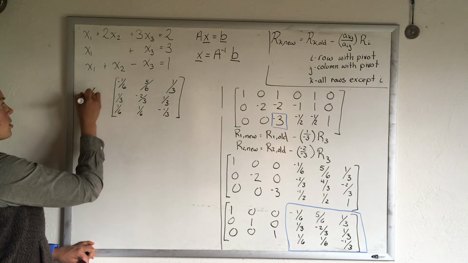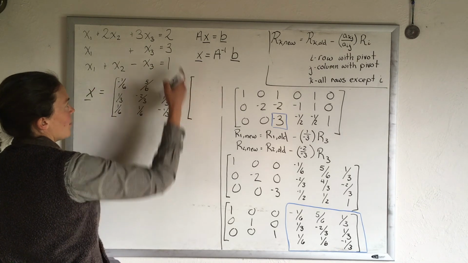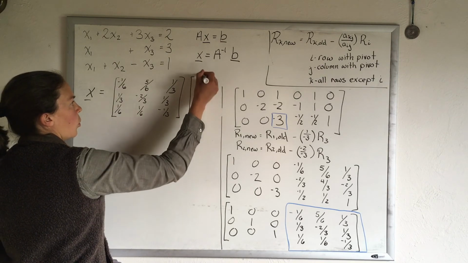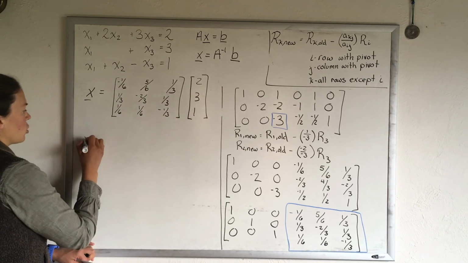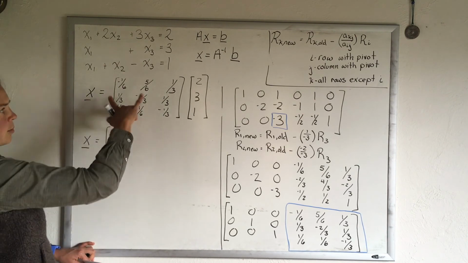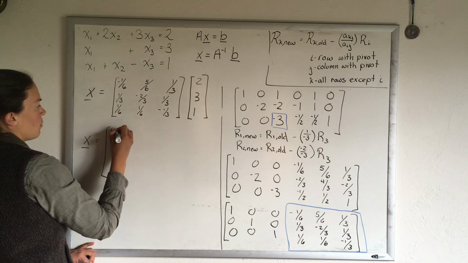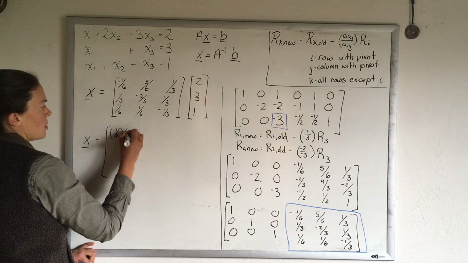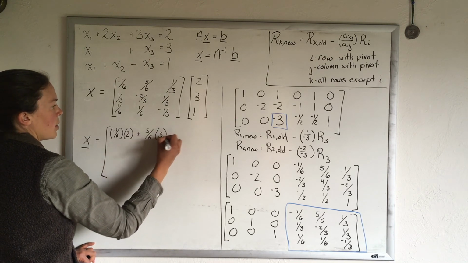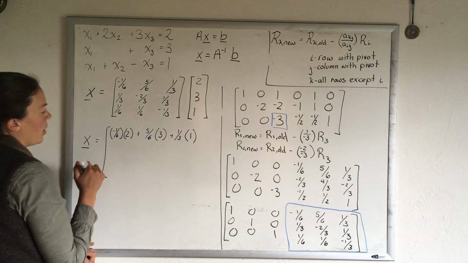So we will say our solution vector x is that A inverse times our right-hand side vector. So that's just the coefficients here, 2, 3, 1, to get our solution vector. So our solution vector here, x, to do our multiplication, remember, take these, rotate them, and multiply them. So we have -1/6 times 2 plus 5/6 times 3 plus 1/3 times 1 will be x1.